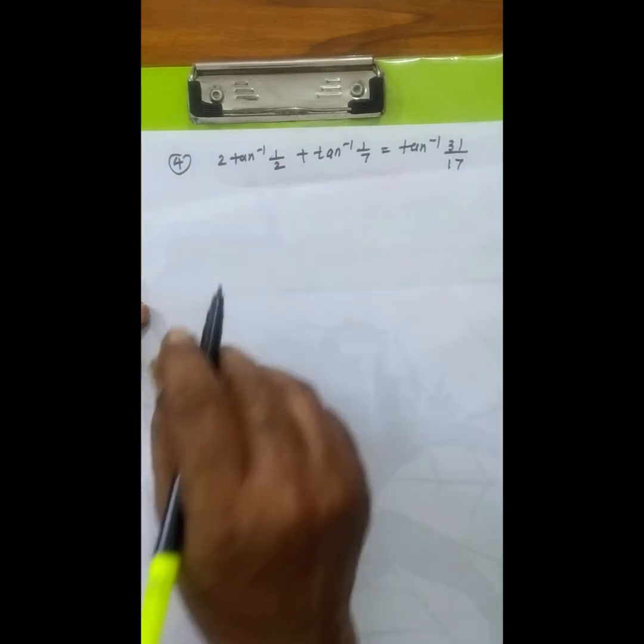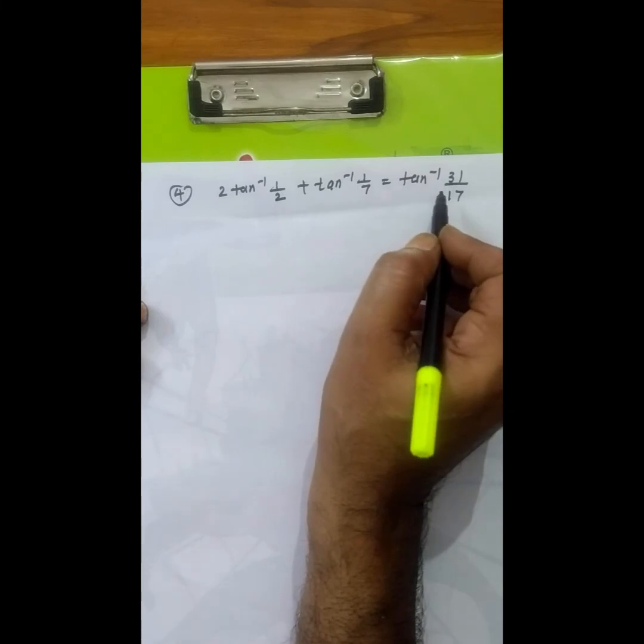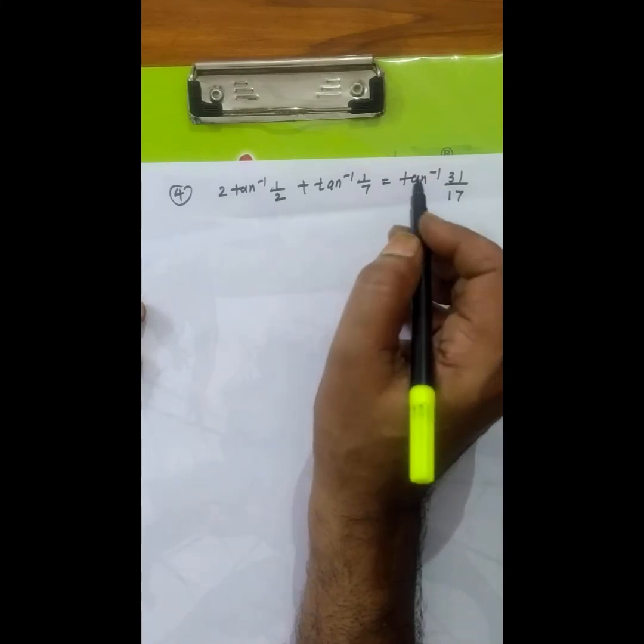You have to prove 2 times tan inverse of 1 by 2 plus tan inverse of 1 by 7 equals tan inverse of 31 by 17.